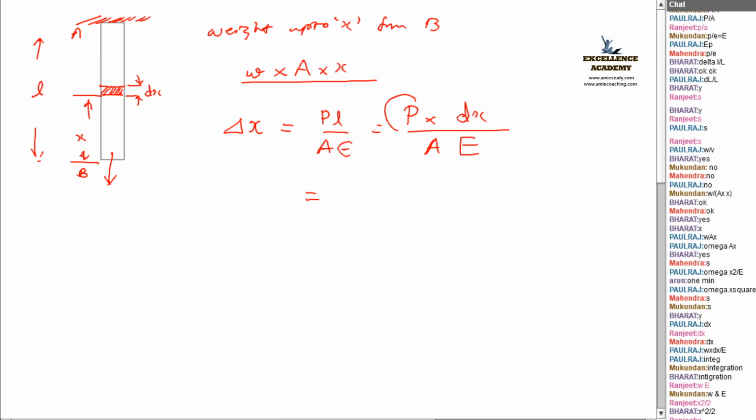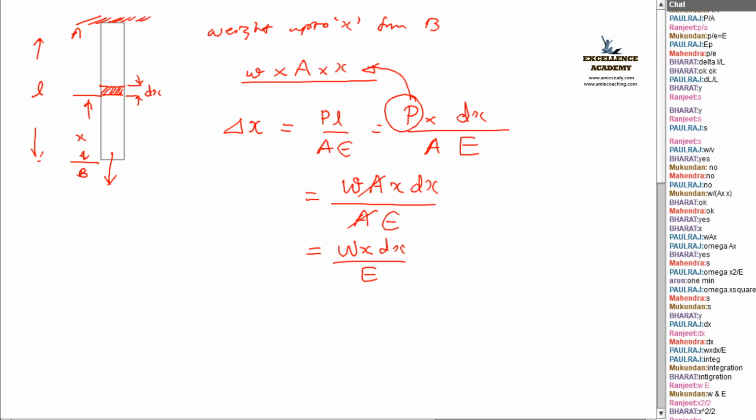What is P? P is the weight of that small section dx, which is w A x dx by A. A and A get cancelled. That is w x dx by E.